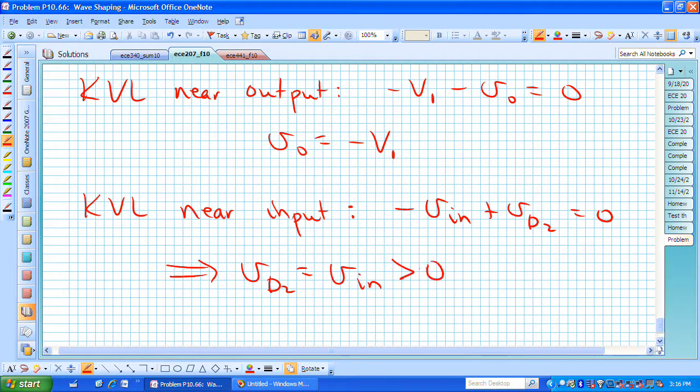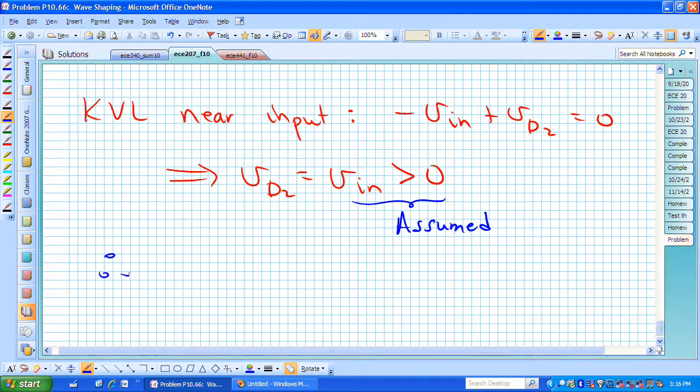And we assumed Vn was positive. And if that's the case, then we know that V sub d sub 2 should actually be on in this circuit. So V sub d sub 2 is not off when V sub n is positive.